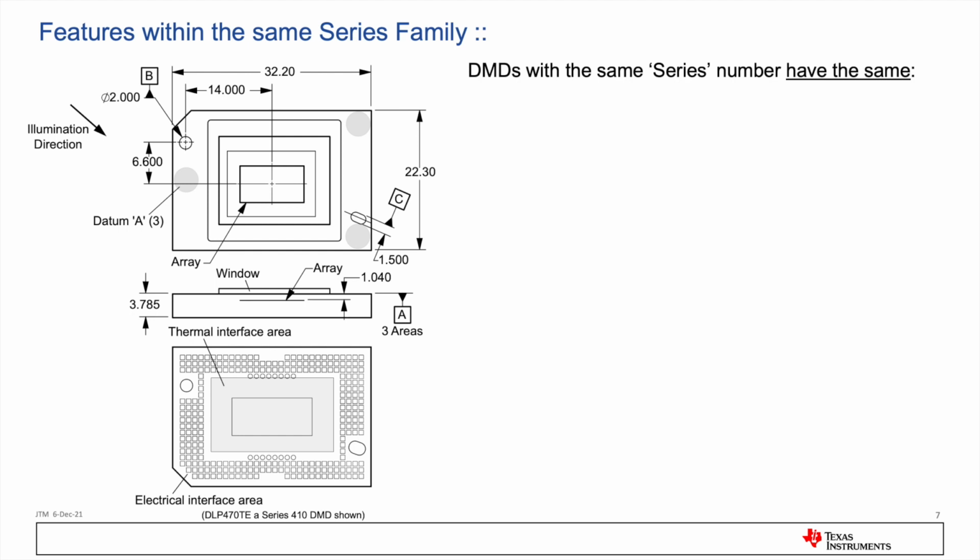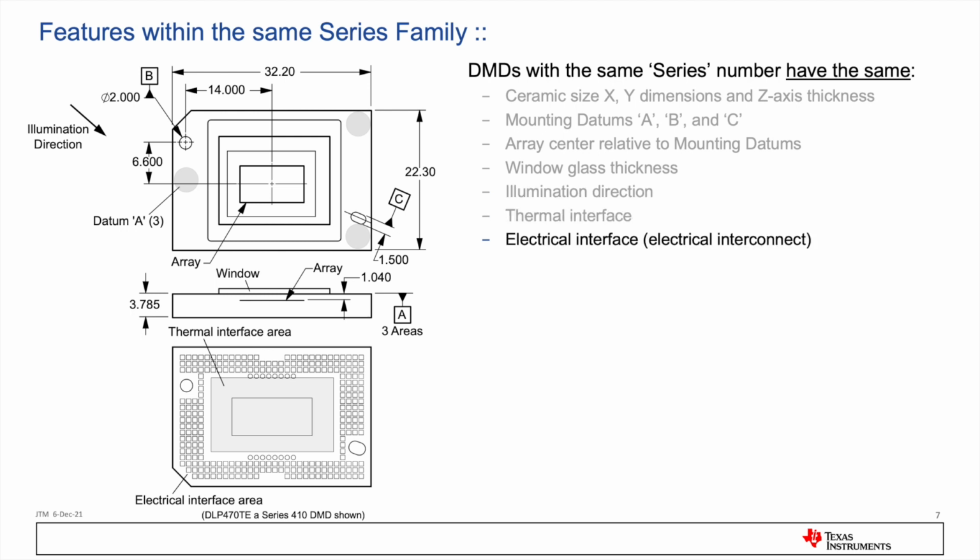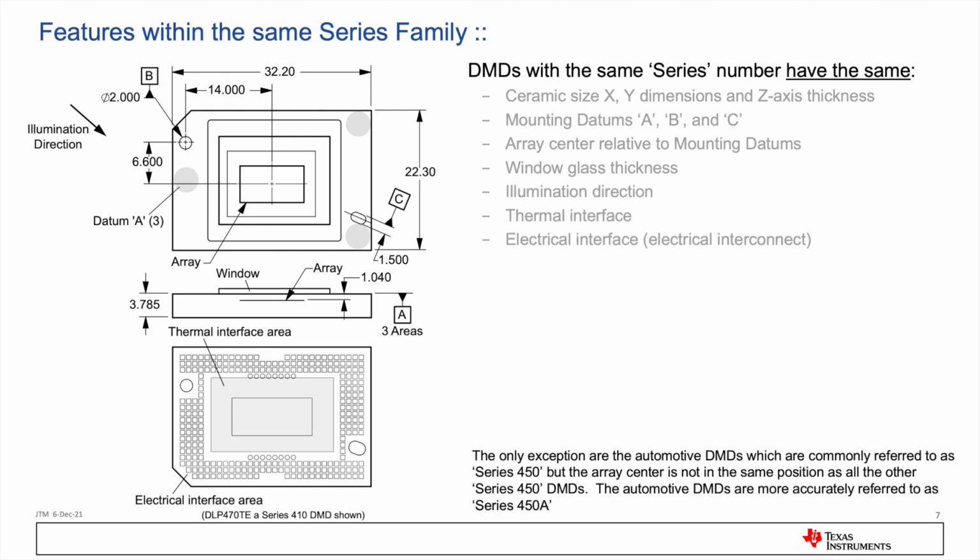DMDs that share the same series number have the same ceramic size, mounting datums A, B, and C, array center relative to mounting datums A, B, and C, window thickness, illumination direction, thermal interface, and electrical interface. The only exception are the automotive DMDs, which are called Series 450, but the array center is not in the same position as the other Series 450 DMDs.